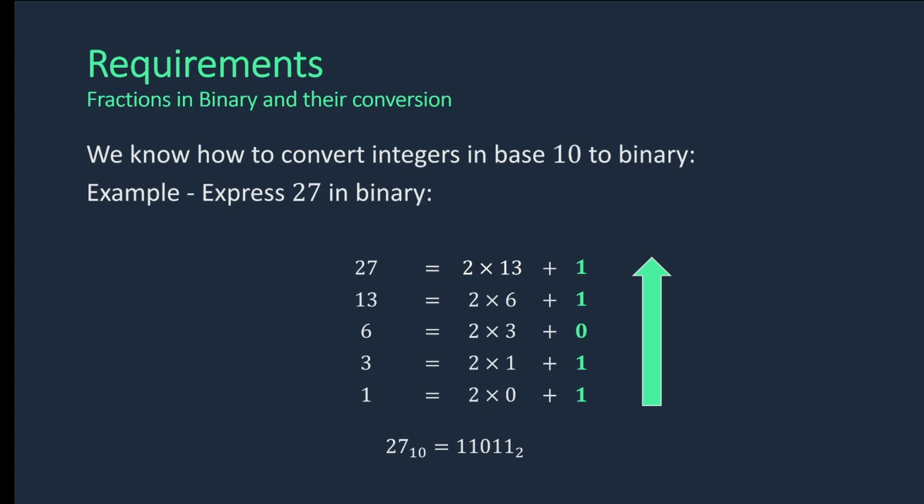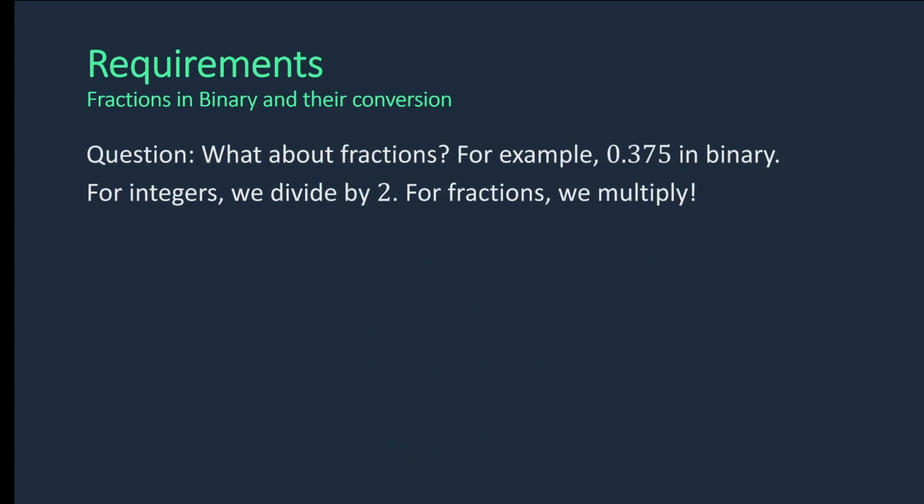Now, this is not that problematic. We know how to convert integers to binary, but the other question is, how can we represent fractions in binary? So if we have a number like 0.375, how do we represent that in binary?